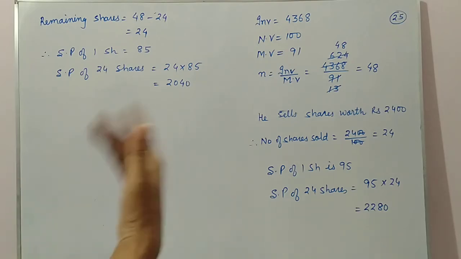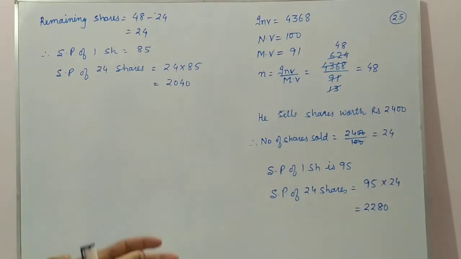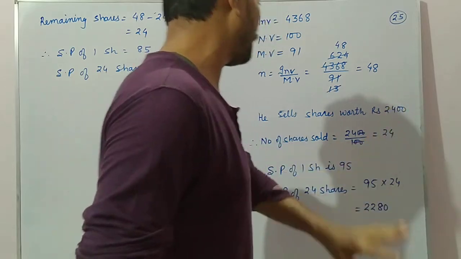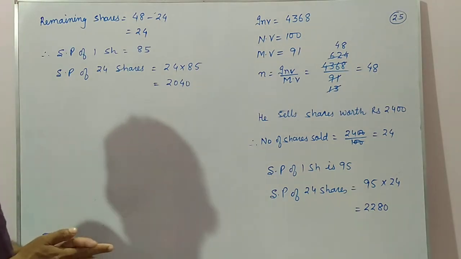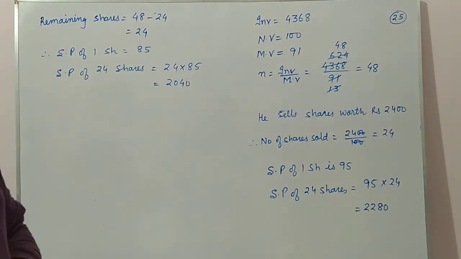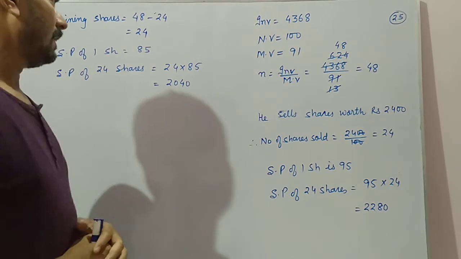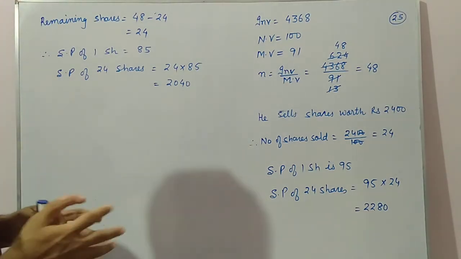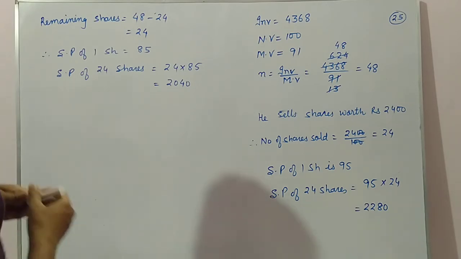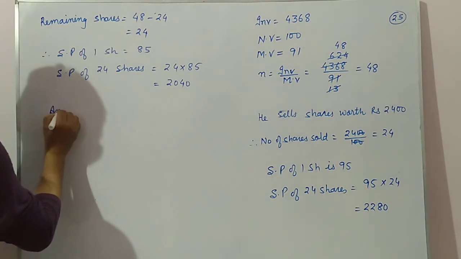SP of one share is 85. When the remaining shares were sold, remaining is whatever is left. Out of 48, 24 were sold, so remaining is 24. SP of 24 shares, 24 into 85, you are getting 2040. So we have to find the gain or loss in this transaction.